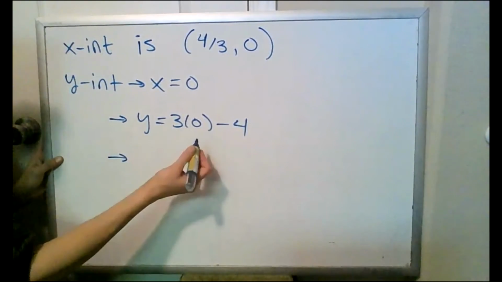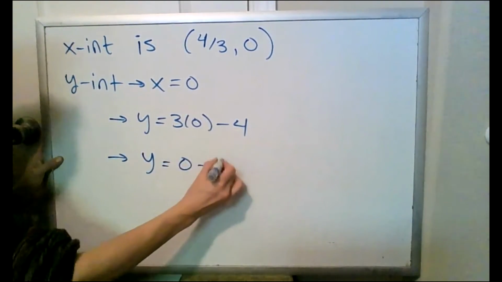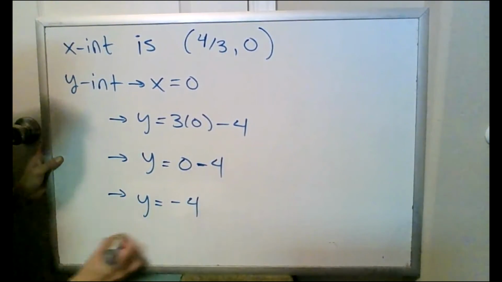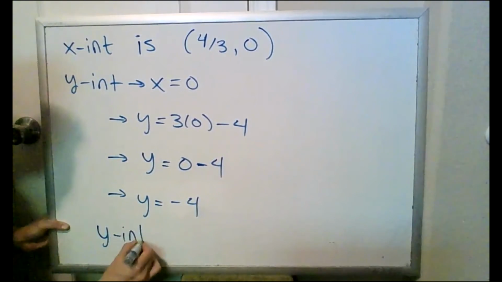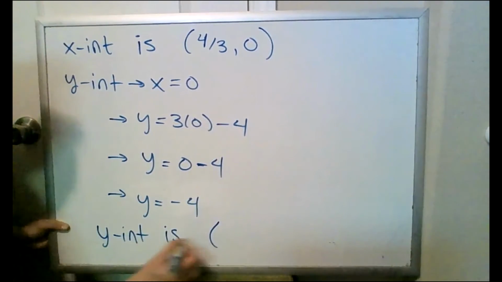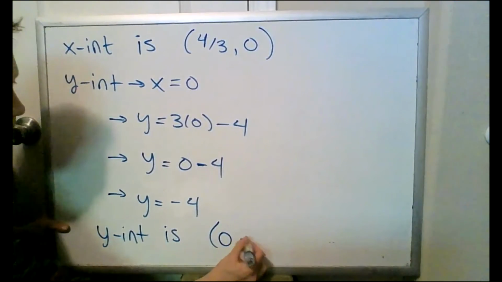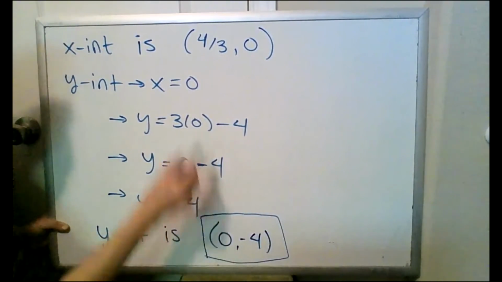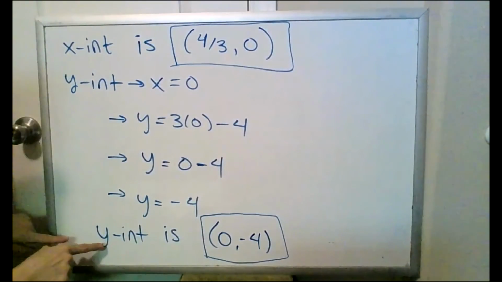So this is y equal to 0 minus 4, which means y equals -4. And then we're going to write the intercept as a point. So the y-intercept is 0, -4.